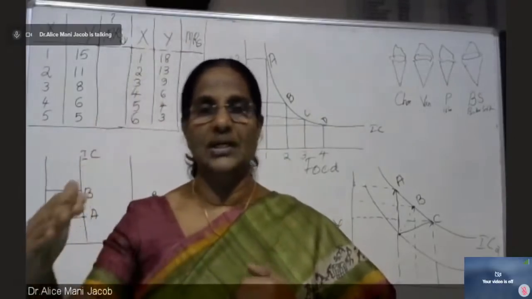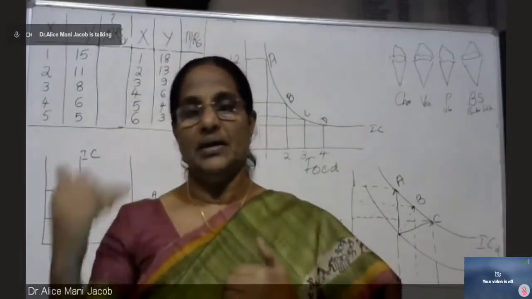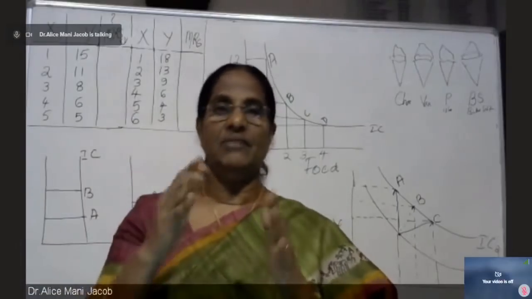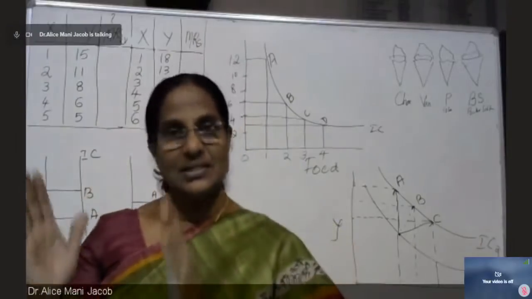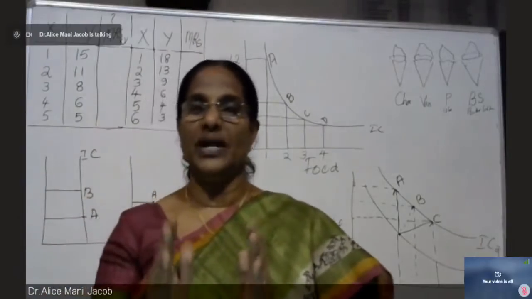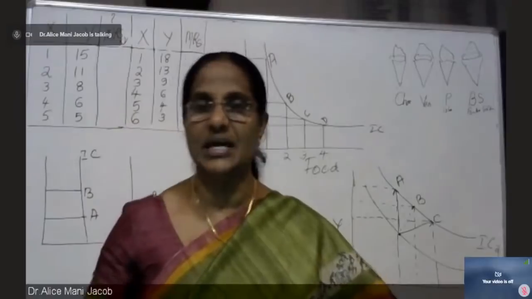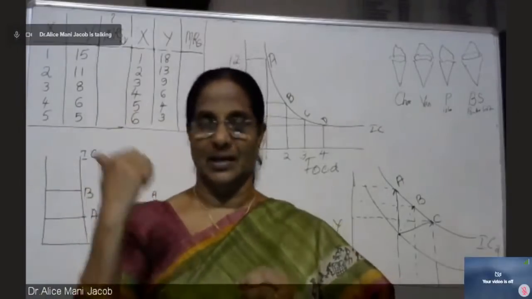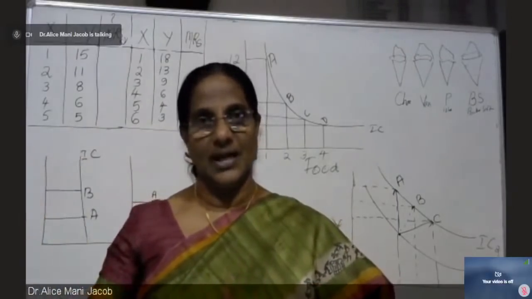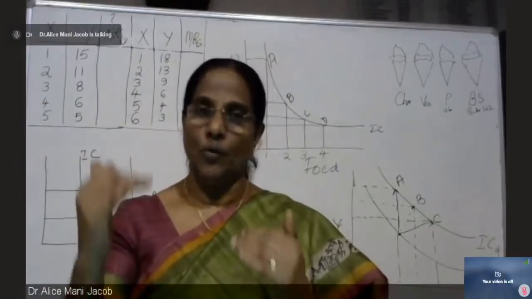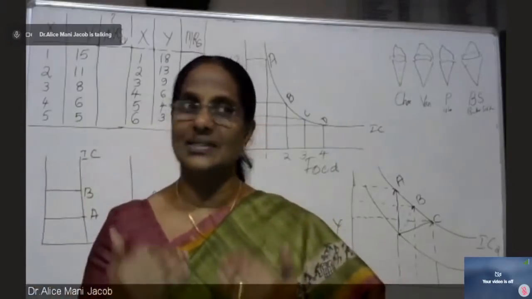So only the quadrant number 1, the positive part of the marginal utility curve, will be relevant for the demand curve. In theory, marginal utility can be negative, but no person would extend consumption up to the point where marginal utility is negative, because you have to pay money, right? Theory says marginal utility can be negative, but in practice, nobody would extend consumption to that extent.